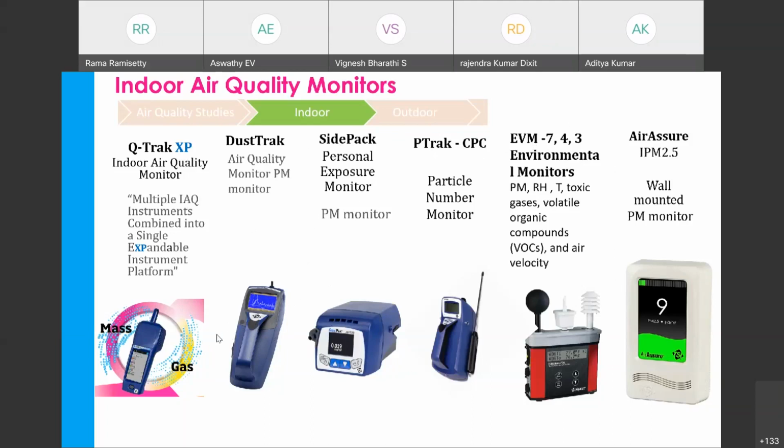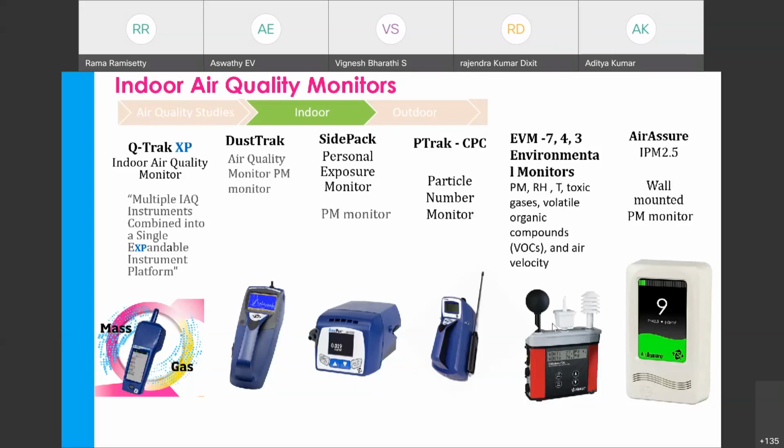If you want PM including harmful gases, CO2, ozone, or formaldehyde, some other gases, then you can go for a QTrak. And if you want to measure continuously by keeping the instrument inside the classroom, then EVM7 is also one of the options, which gives PM and also different gases.